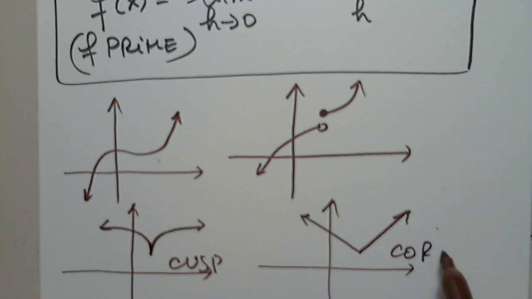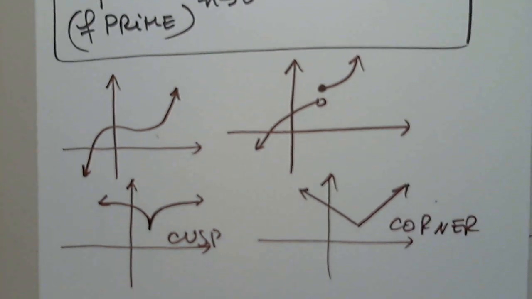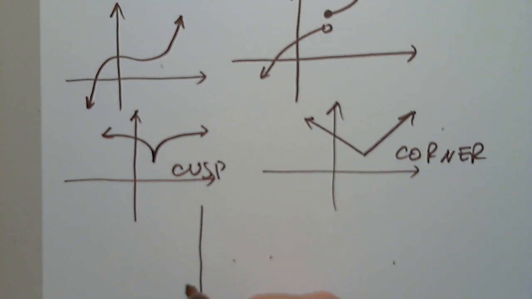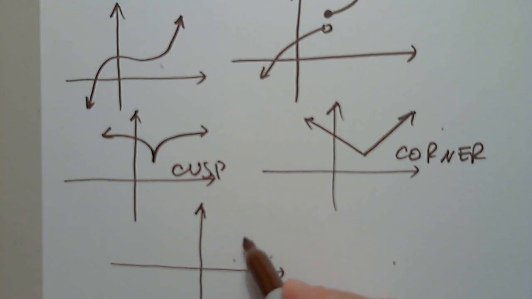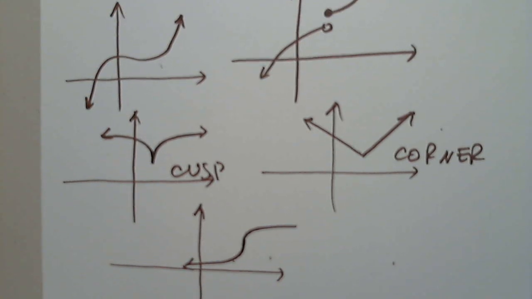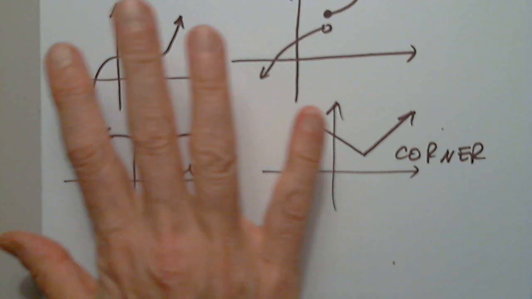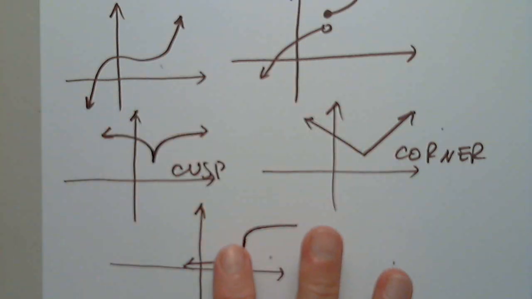This is called a corner. And just one more. So we notice here that we have 5 different situations.